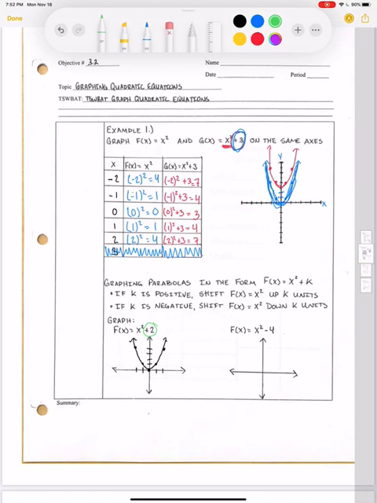So if I start here at negative 2, 4, and I move it up 2 units, that's going to put me here. If I look at negative 1, 1, I move it up 2 units, it's going to put me here. 0, 0, moving up 2, gets me there. 1, 1, move up 2, gets me there. And 2, 4, if I move up 2 spaces, it'll put me right there. So again, we have our new graph.